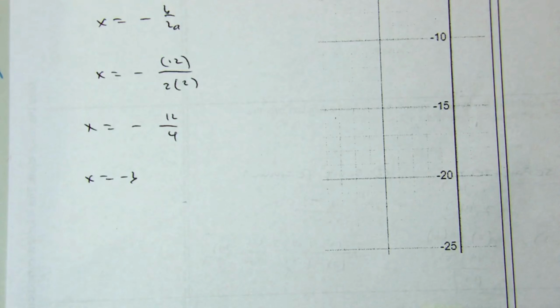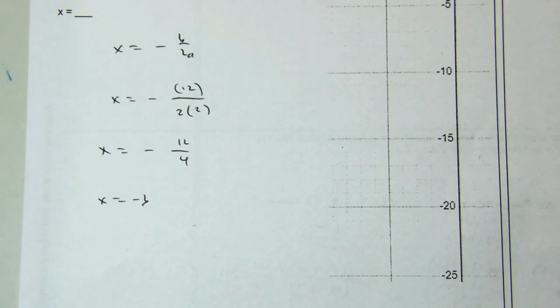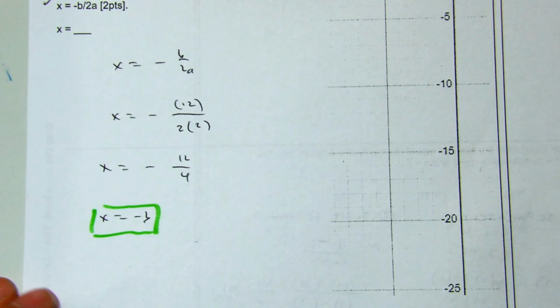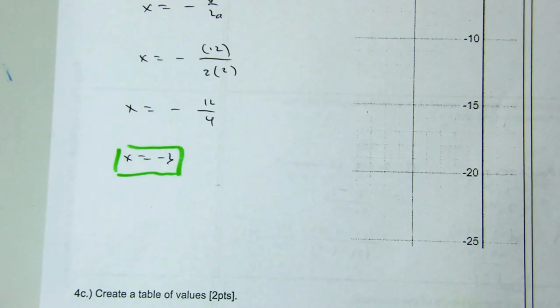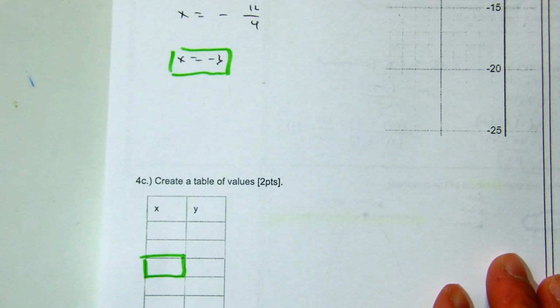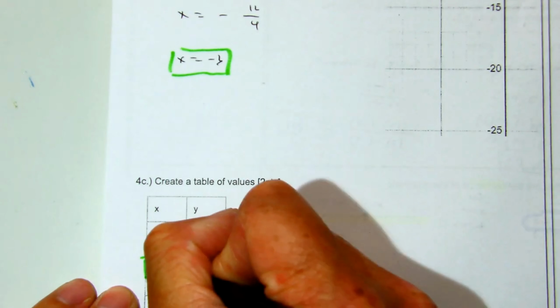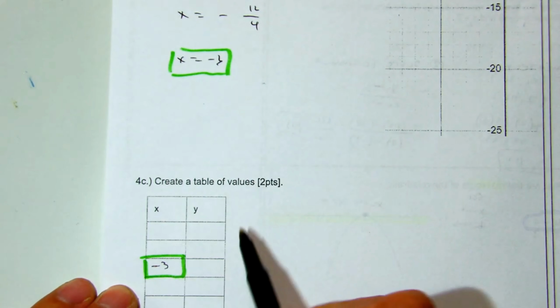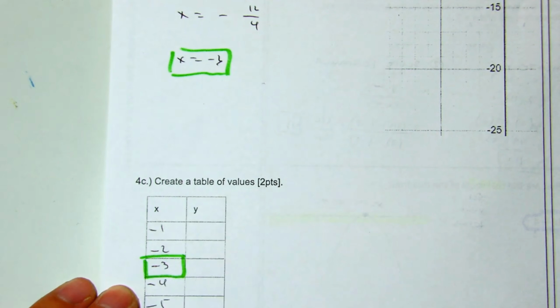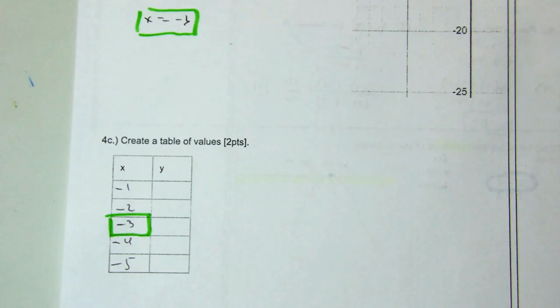Let's highlight that. For question 4b, we found in the previous problem x equals negative 3. And this is what goes into the middle of my graph. So from here, I think of the x number line, so negative 2, negative 1, negative 4, negative 5. You can put that into Desmos.